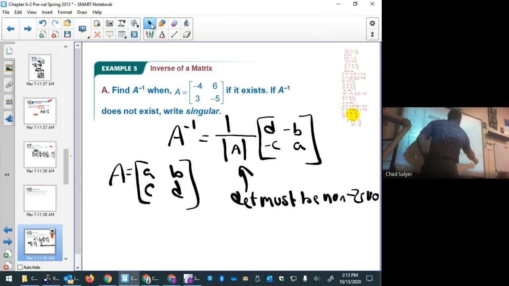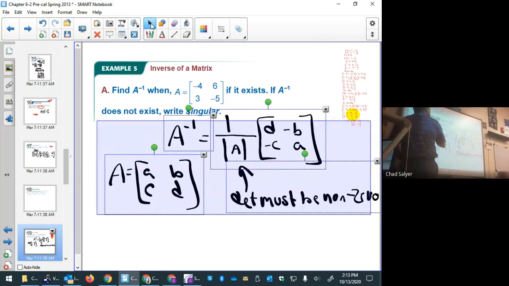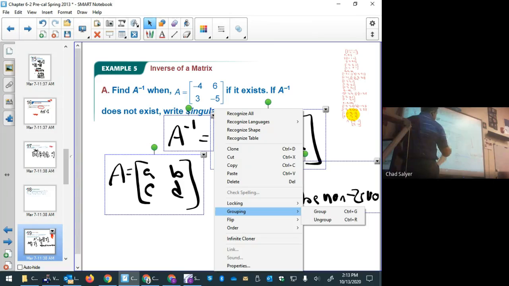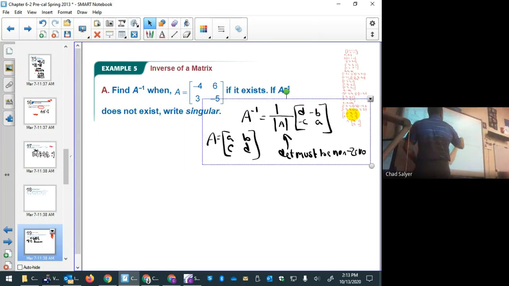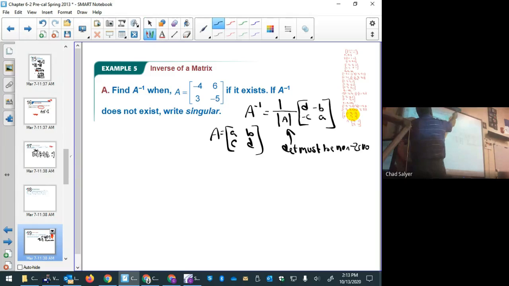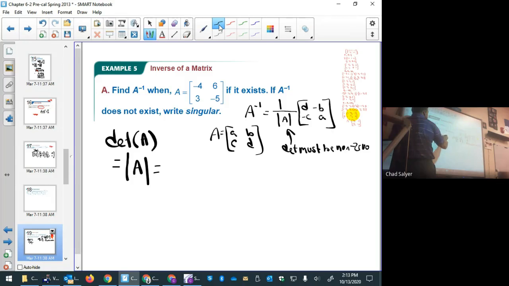Okay, so let's plug in our specific values in here and see if this exists. So first of all, the determinant of A, which I could also write as this.